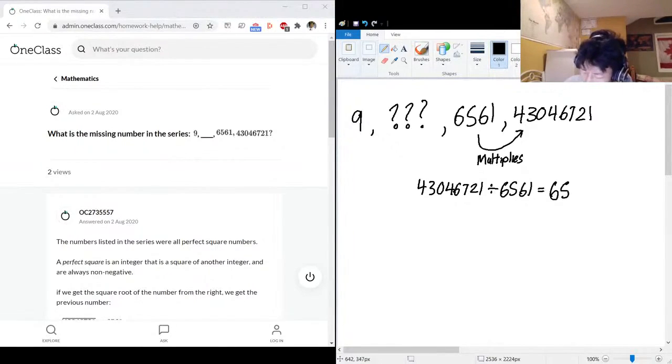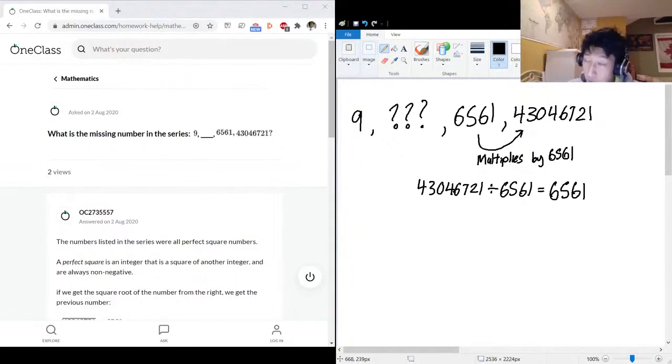That's a familiar looking number. It's almost like maybe the rule is that the current term is the previous term squared. If that was true, that means the missing term would be 9 times 9, and the missing term would also be the square root of 6,561.